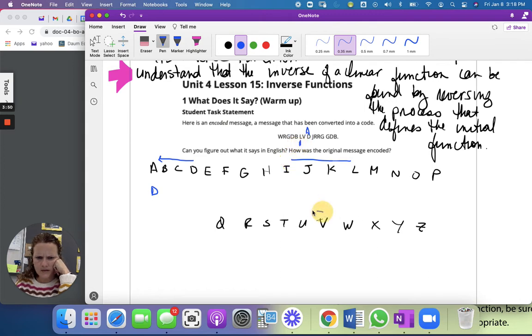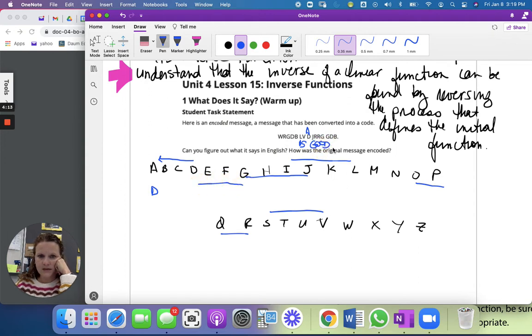V, 1, 2, 3. So there we go, I've moved back 3. G, 1, 2, 3, R. O, 1, 2, 3, O. Yep, good.